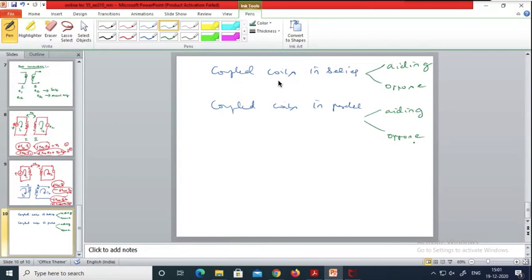So in the exam, you can expect a question on this one, that is, explain or compare coupled coils in series aiding and series opposition, or coupled coils in parallel aiding and opposition. So let us discuss one by one.